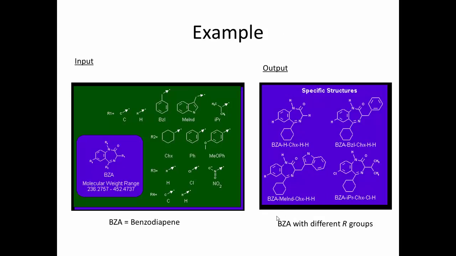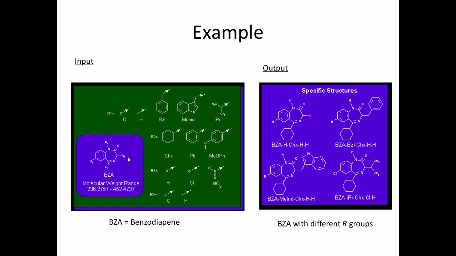And here's another example. Here's a more realistic example that's not boxes, circles, squares and triangles. We have the molecule BZA, or benzodiazepine, right here, and we have a variety of different compounds that we can try to react and put on benzodiazepine. So we have an R1, an R2, an R3, and an R4 group.